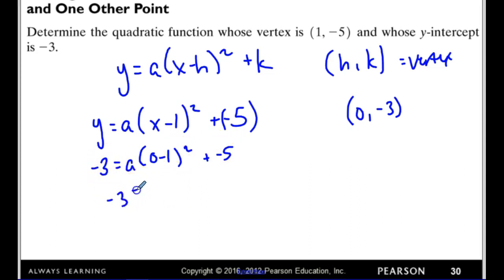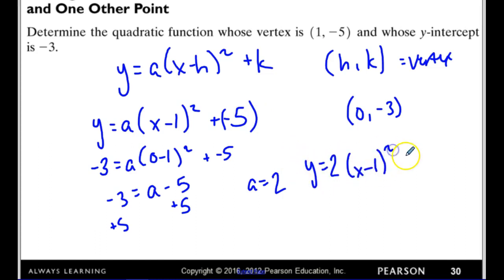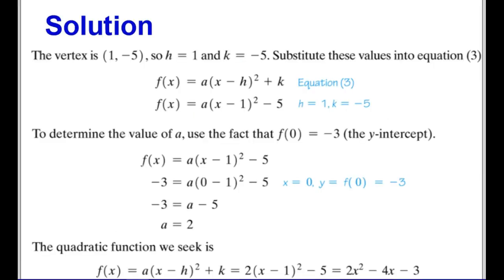I have -3 equals a times (-1) squared, which is 1, so a, minus 5. Then I add 5 to both sides, so I get a equals 2. So now I can write my final equation back up here: y equals 2 times (x minus 1) squared minus 5. This is the final equation using the vertex and another point.